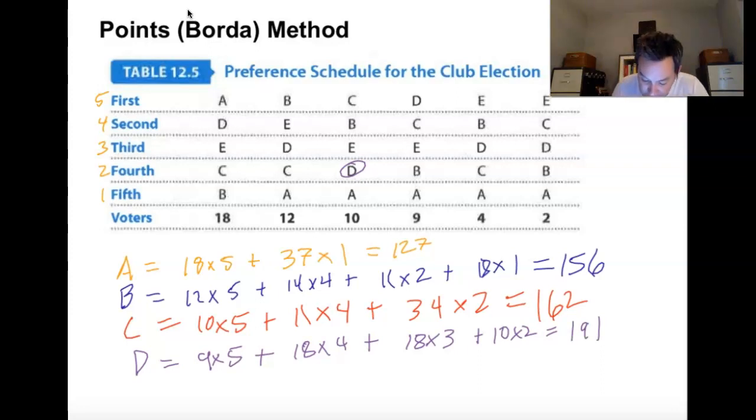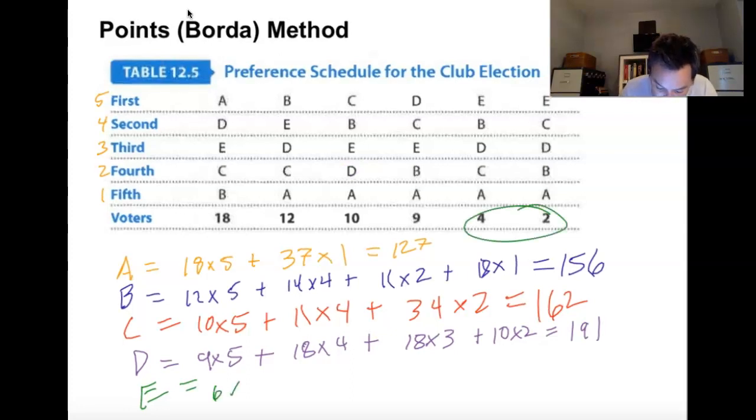All right, and then last we're going to do candidate E. So candidate E gets 6 first place, so 6 times 5 plus 12 second place, so 12 times 4 plus 18 plus 10 plus 9.